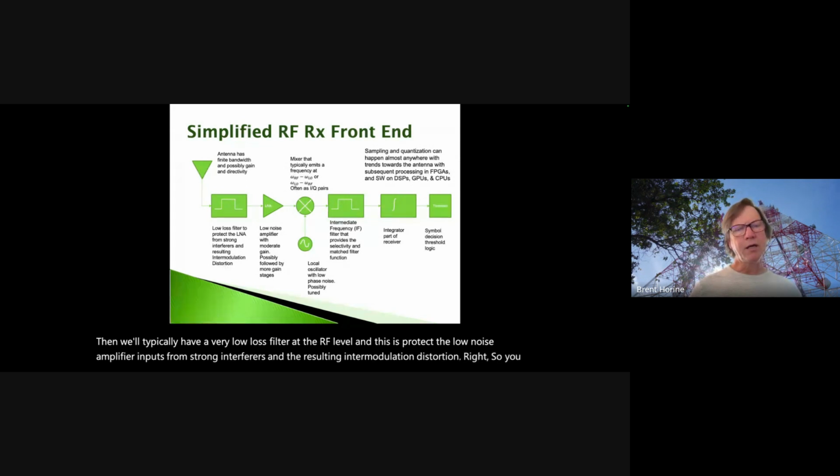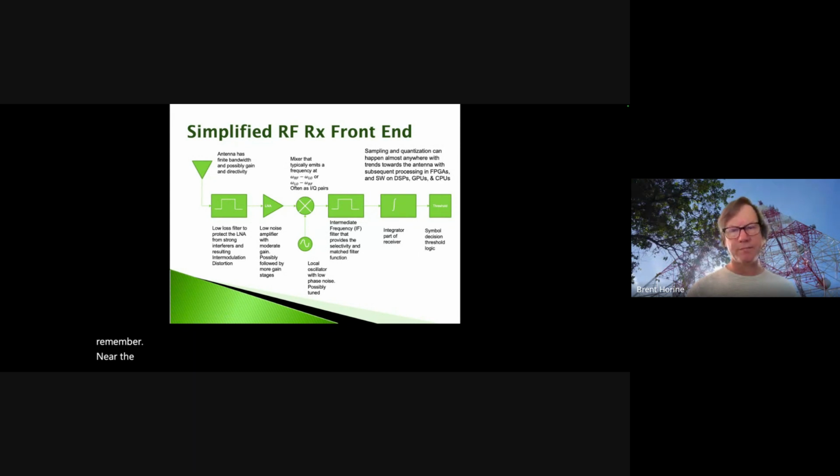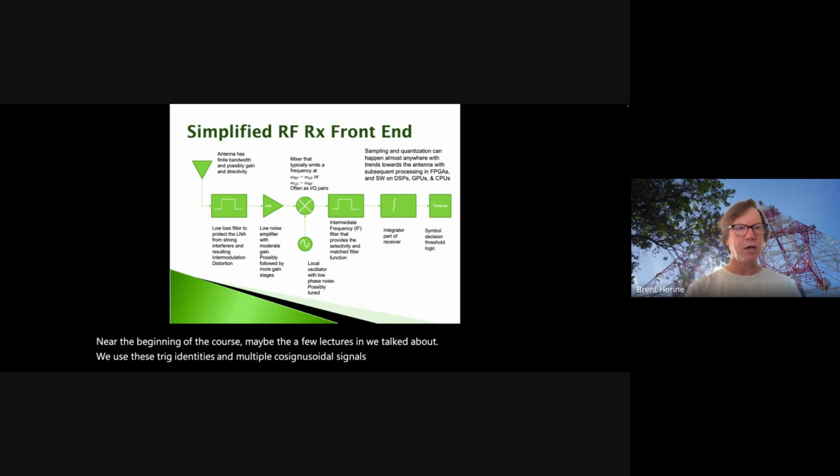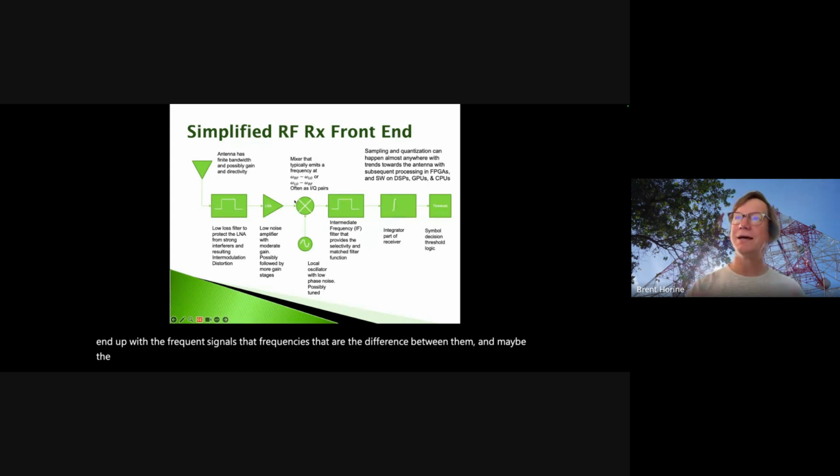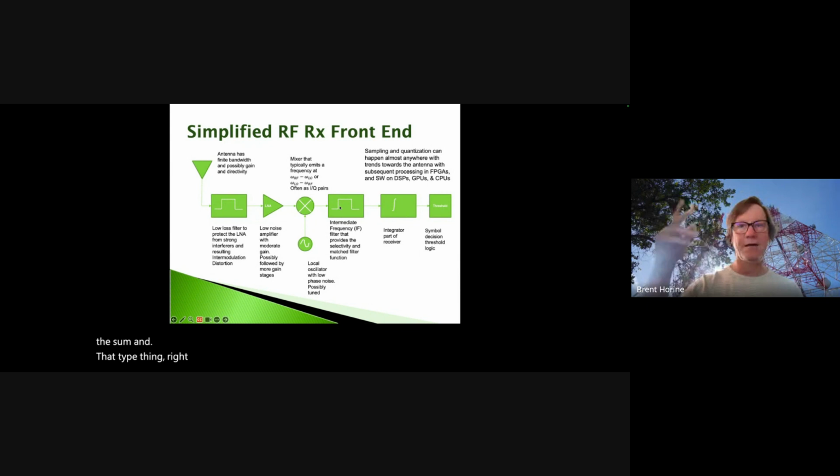You remember near the beginning of the course, a few lectures in, we used trig identities and multiple cosinusoidal signals and showed that if we go through a highly nonlinear device like a mixer, then we will end up with not only the original signals, but also signals at frequencies that are the difference between them, and maybe the sum, and maybe twice the frequency of signals and that type of thing, right?